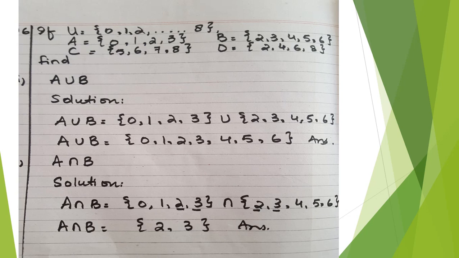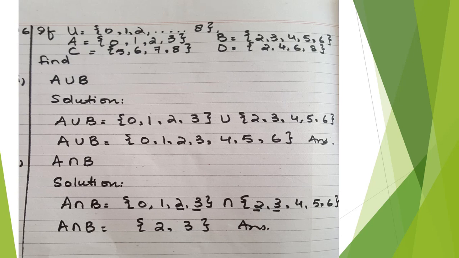Okay girls, you have to do the work neatly. You write down the question. You have to use a blue pen. A union B, then you put the sign solution, then A union B, list the elements of A, then union sign, and then list the elements of B. Then what is union? To write all the elements together. So what you have done is just listed all the elements together.